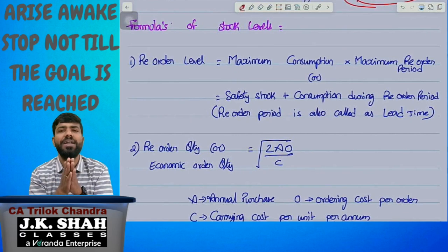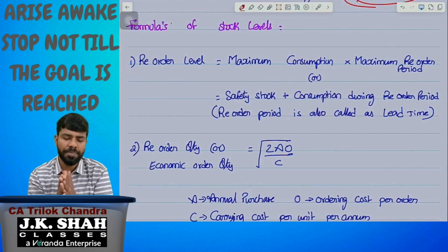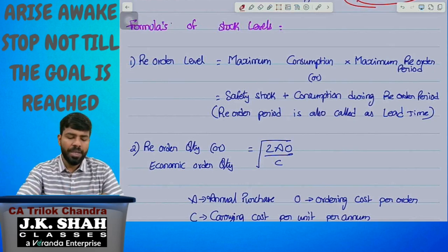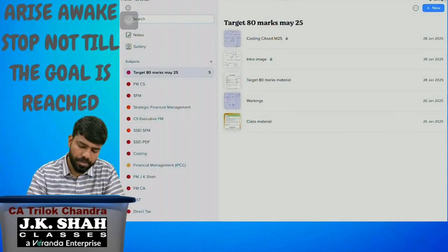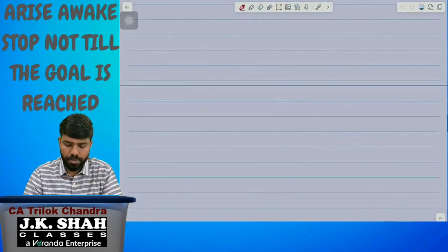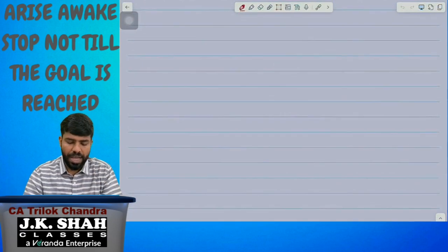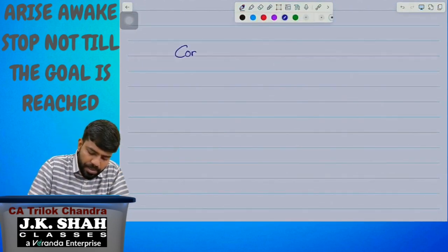When it comes to reorder level, the formula is maximum consumption into maximum lead time. Before that, we need to understand one point. I'm going to take the example. See, consumption.